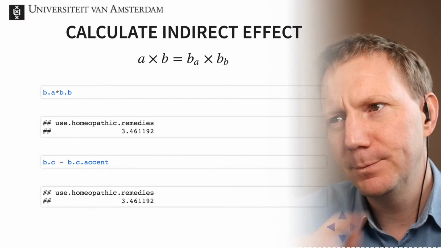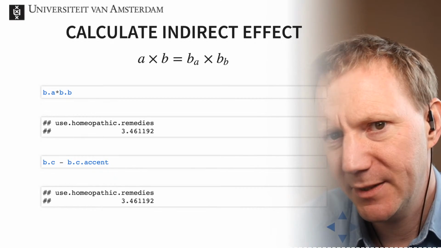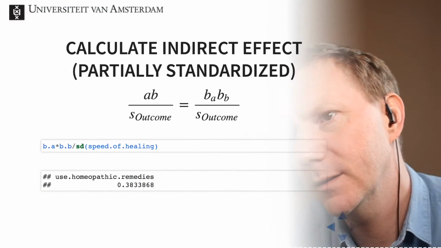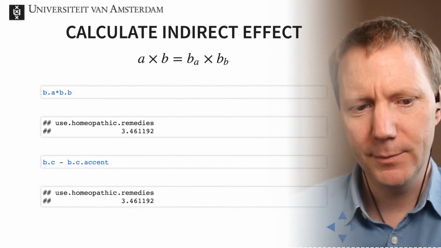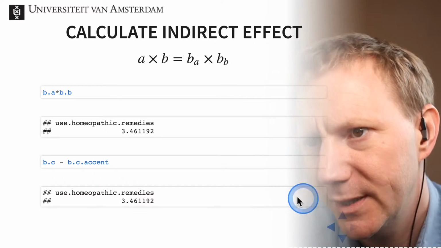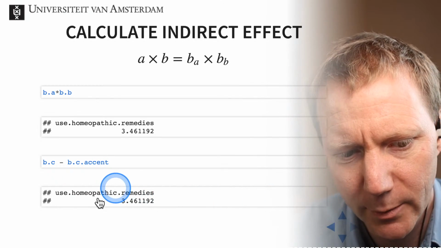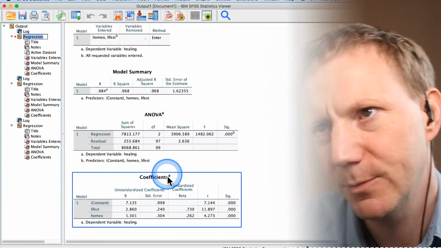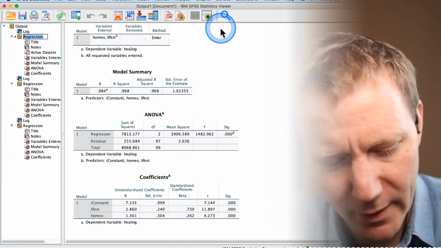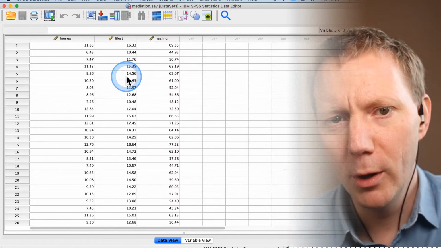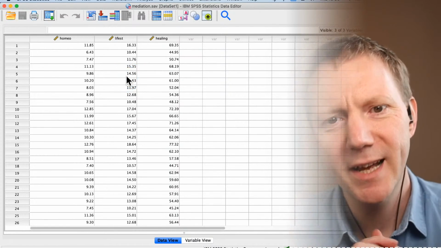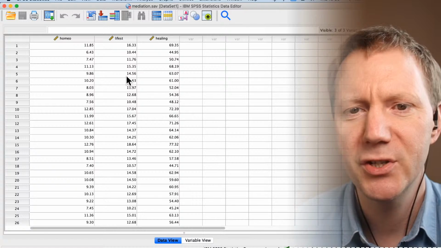Okay, so we have our indirect effects, and let's look at what this looks like if we run this analysis within the process package. If I go back to my data, we have done all the regression analysis. We've determined the beta coefficients.